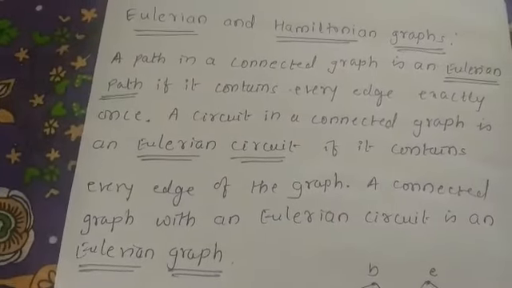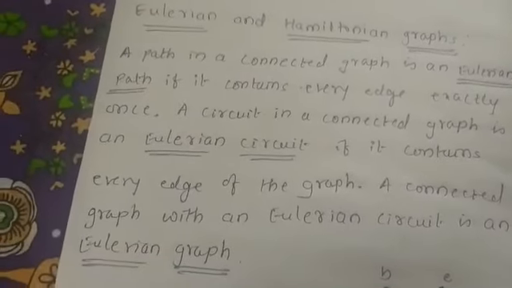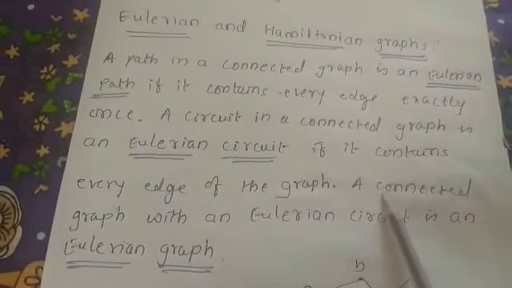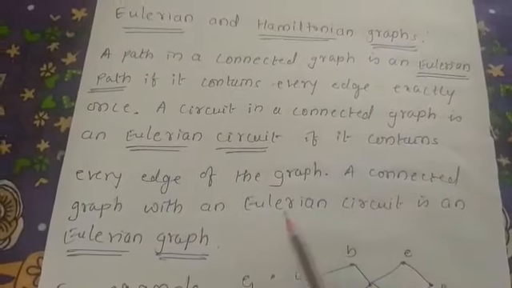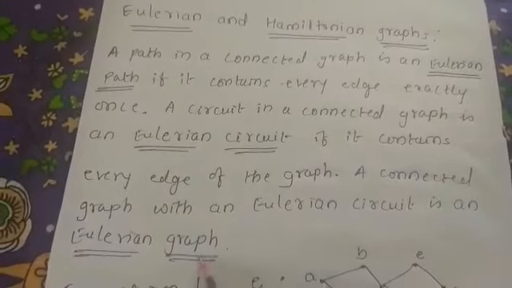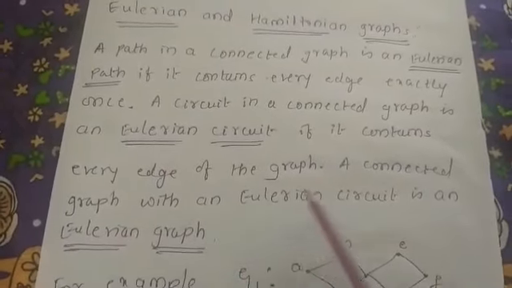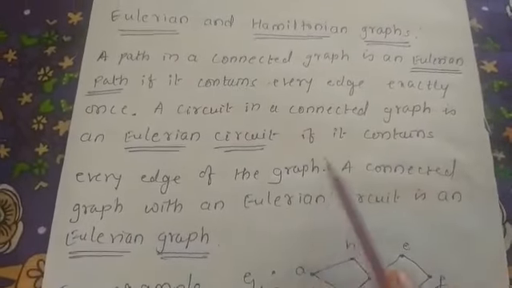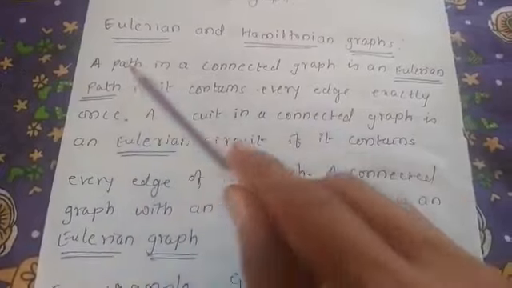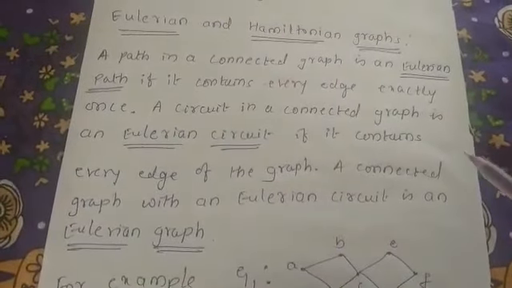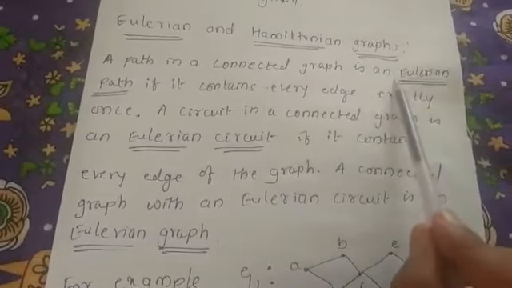So when can we say a graph is Eulerian, meaning an Eulerian graph? It is a connected graph with an Eulerian circuit. That graph is called an Eulerian graph. So if I want to say it is an Eulerian graph, an Eulerian circuit should be there. If there is an Eulerian circuit, an Eulerian path should be there. But don't think that every graph has both an Eulerian path and an Eulerian circuit.